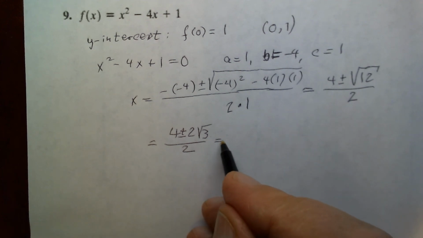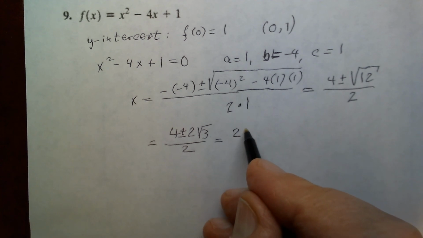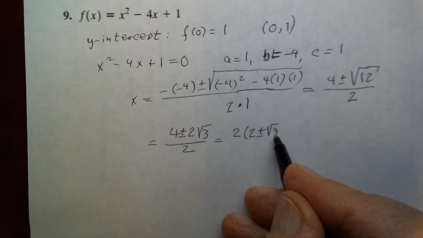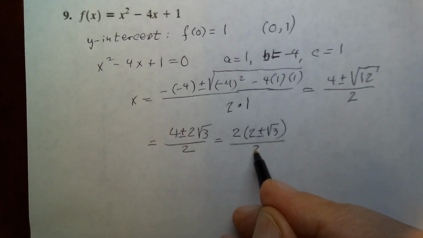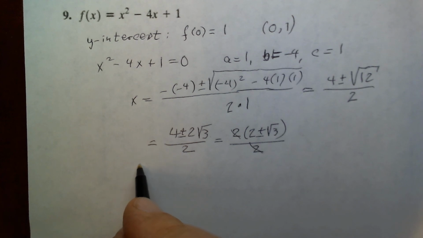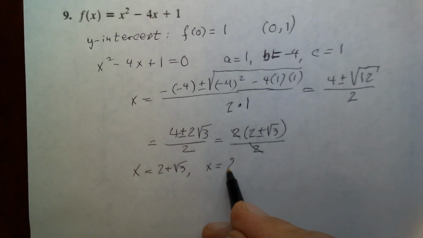Now we can factor out a 2 in the numerator, and so we get 2 times 2 plus or minus the square root of 3, divided by 2. We cancel the 2's, so x has the two solutions, 2 plus the square root of 3, and the other one is x equals 2 minus the square root of 3.